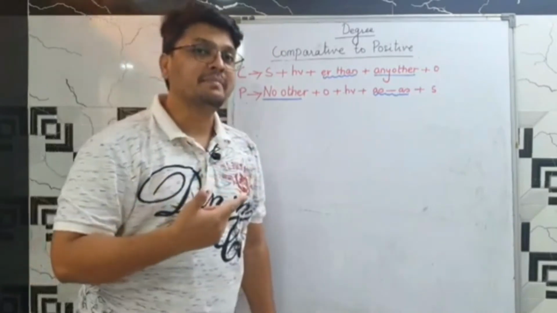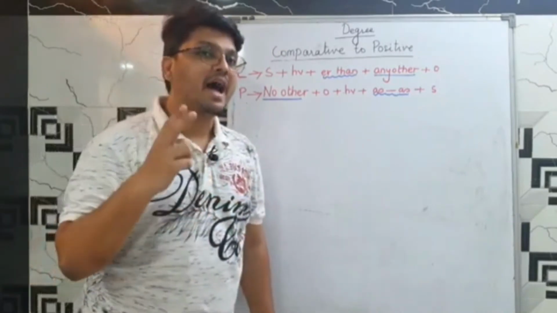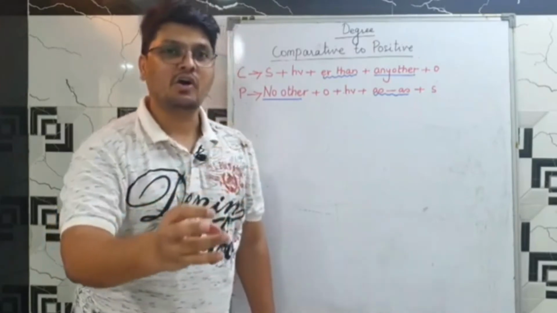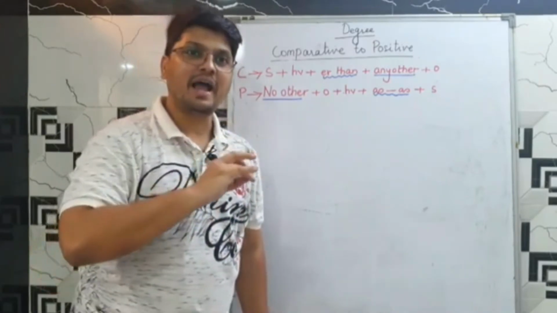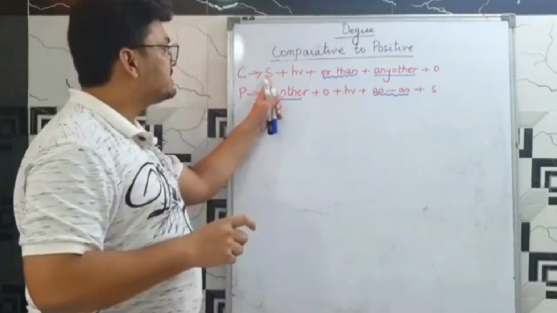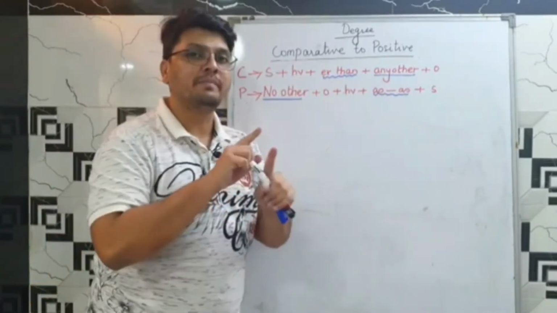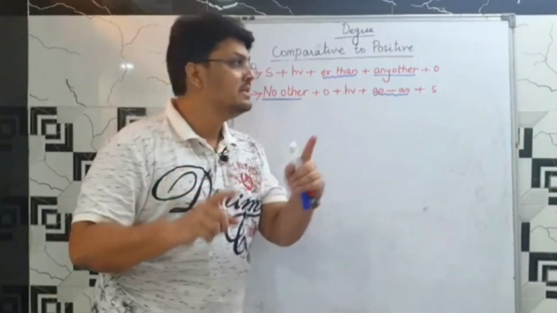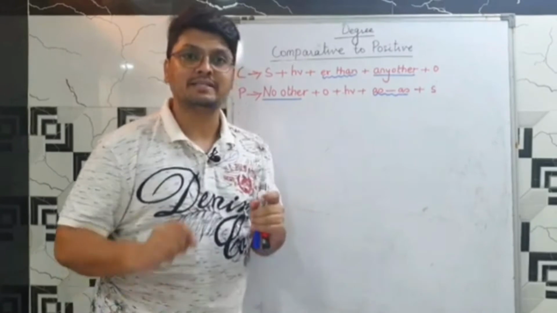In previous examples of comparative degree, I used two specific comparisons, Asia, Australia, iron, copper. But here one will be specific but another will not be specific. And in this type of comparative degree, you will see any other in that sentence.